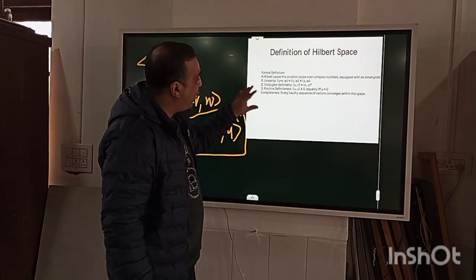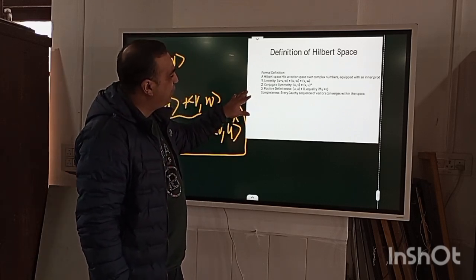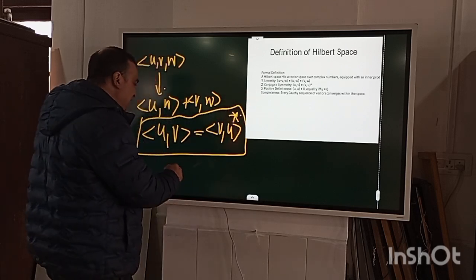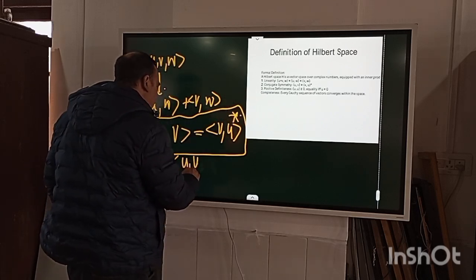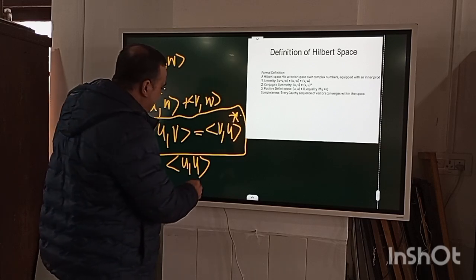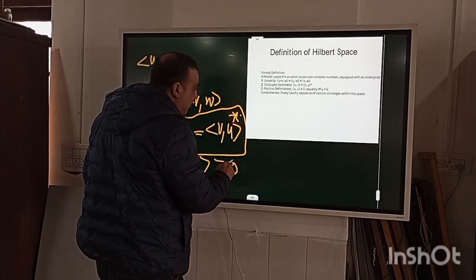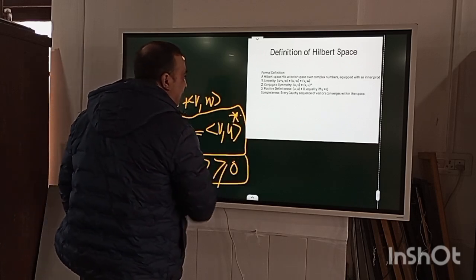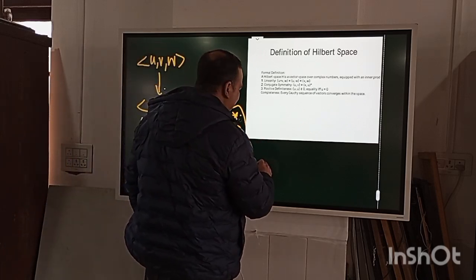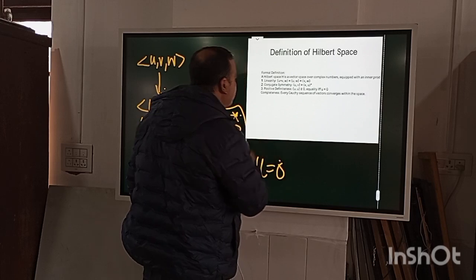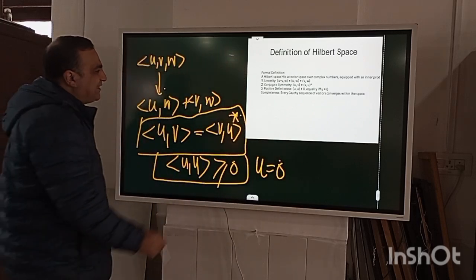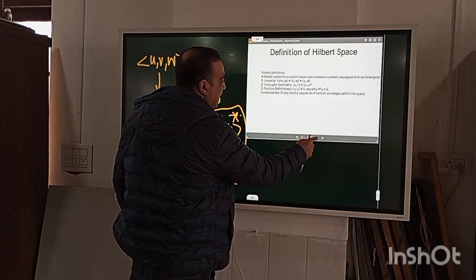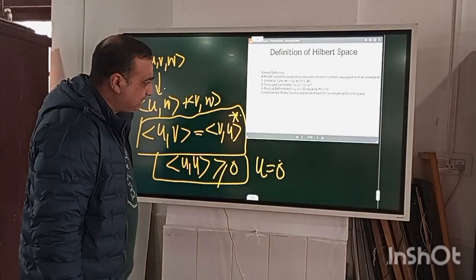And the positive definiteness, what we call the norm: if we take the inner product of u and u, its value should be greater than or equal to 0. And this is equal to 0 if and only if u is equal to 0. And the next thing that we have here is the completeness.